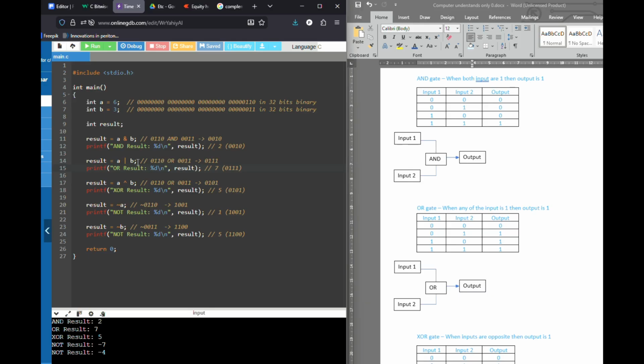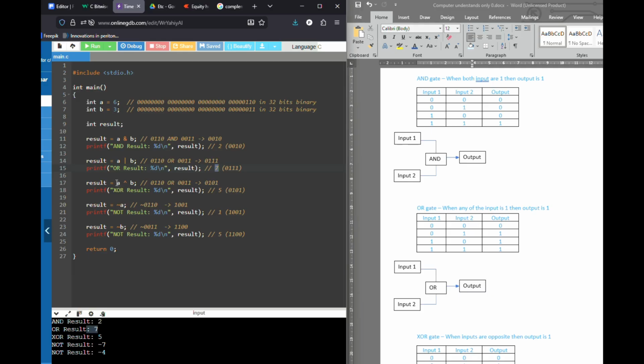A and B will be converted to binary, and the binary OR gate will be applied like this. Each binary digit will be considered, and the output will be 0111. The 111, if you convert back to decimal, the output will be 7. You can see here the OR result is printed as 7.